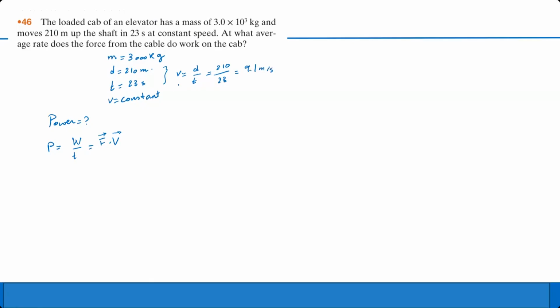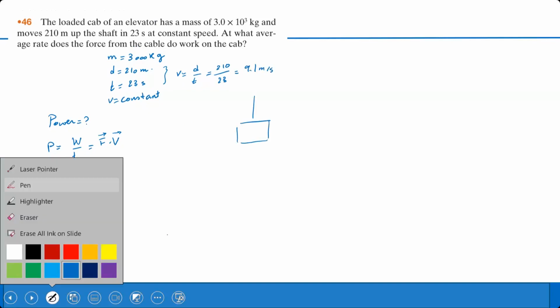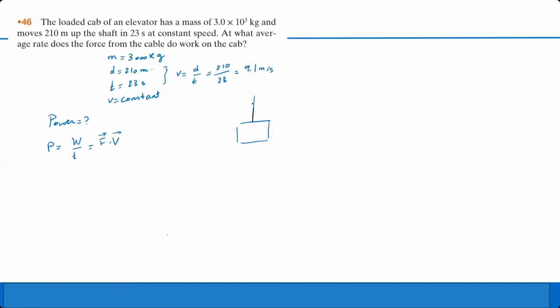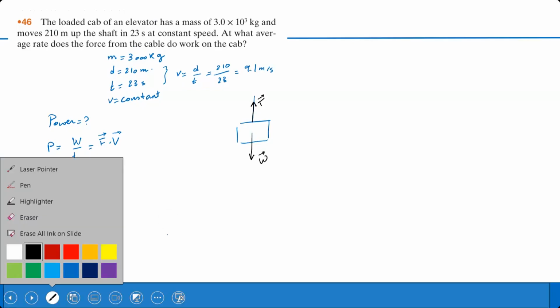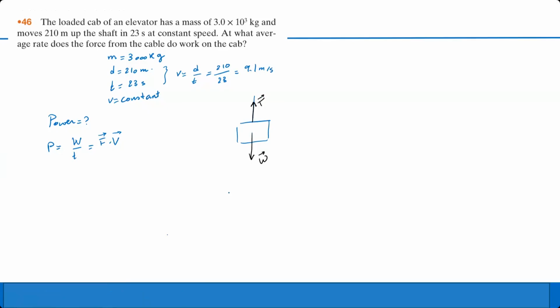So if I am to use this formula, what I still need is the force. We want the force from the cable. This is basically the tension force. Let's make a quick sketch. This is the cabin of the elevator, and we have an upward tension. What other forces do I have? I have a downward weight, and I can say that the weight is equal to the tension since F net is 0.